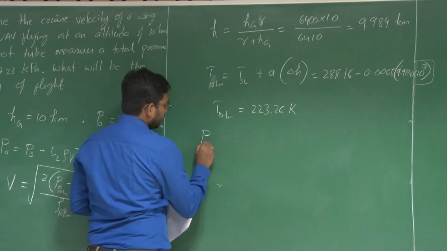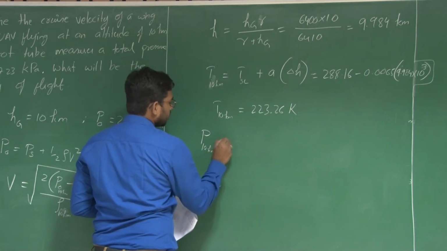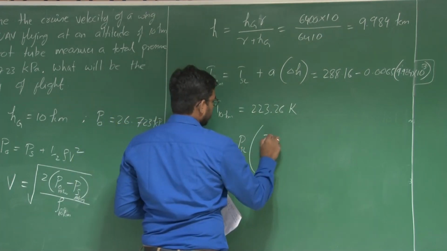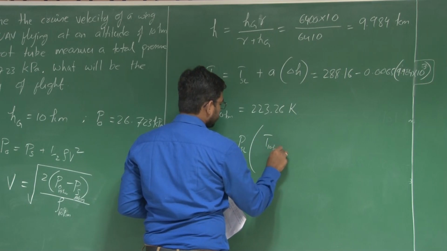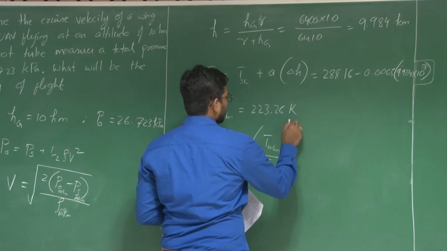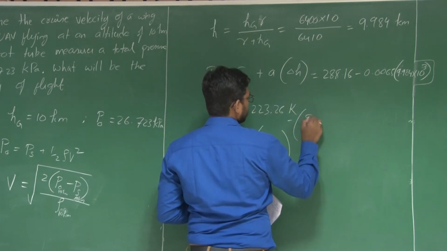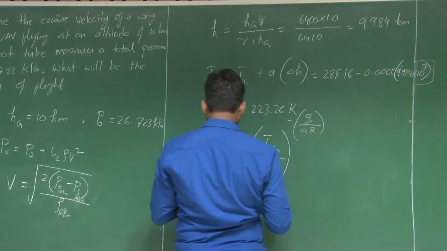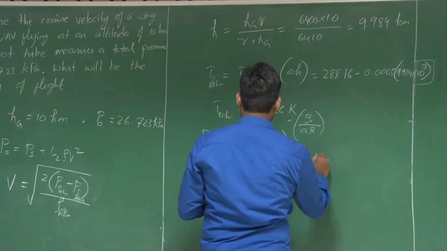Now pressure at 10 kilometers altitude is, by using the gradient layer equation, pressure at sea level times temperature at 10 kilometers altitude over temperature at sea level, raised to the power of minus G naught by A R. Right.